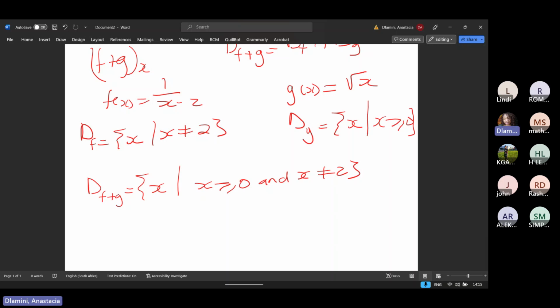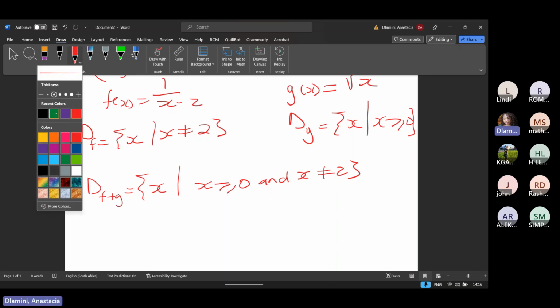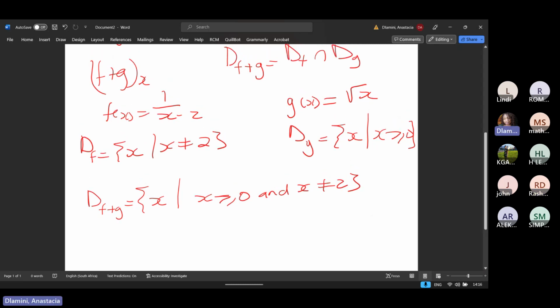Now remember what we were using in the previous session? We talked about it a lot. What did we use? Interval notation. Yes, interval notation. What else did we use to find that interval notation? Number line. Thank you.